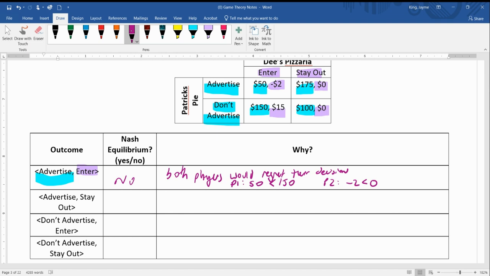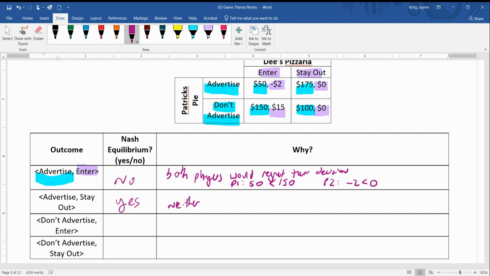Okay, what about player two? Player two chose to stay out. Their other choice would have been to enter, and that would have knocked him over here, right? So 0 is greater than -2. So in this case, this one is a Nash equilibrium. And why? Because neither of them regret their decision, right?